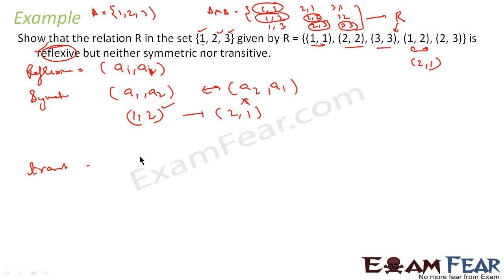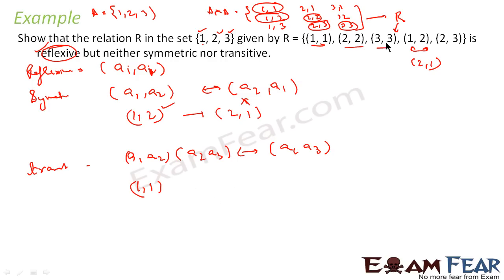Similarly, for transitive, I told you if (a1, a2) exists and (a2, a3) exists, then we have to confirm that (a1, a3) should also exist for all items. So if you see here, (1,1) exists, and a number starting with 1 is (1,2); that will not fail.